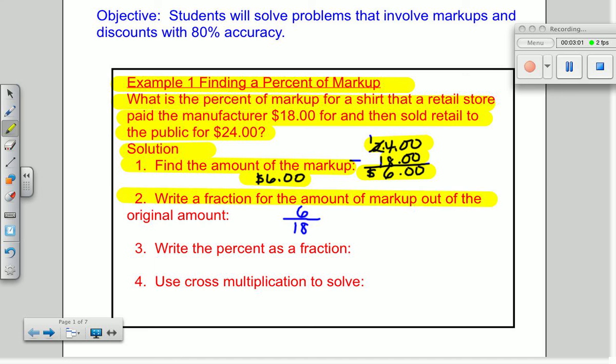Then let's write the percent as a fraction. Well, we don't know what the percent is. That's what we're asked to find. It says right here, what is the percent? That means we don't know it. That's what we're trying to find out. So since we don't know the percent, we're going to write the percent as P for percent over 100, since all percents are out of 100.